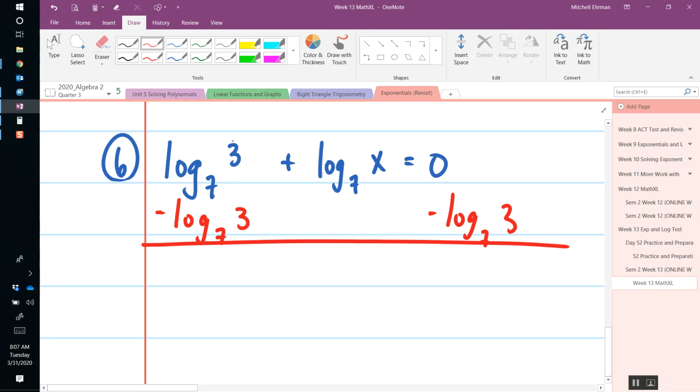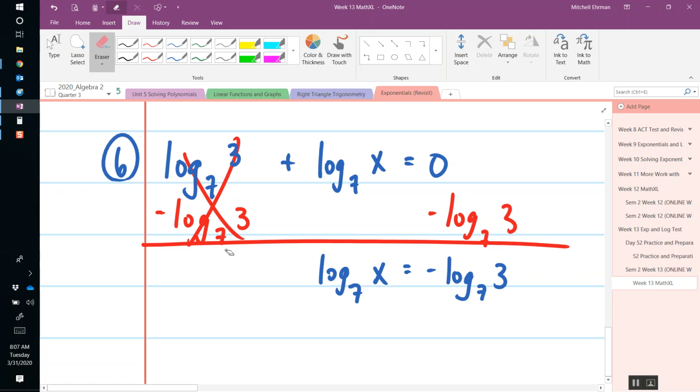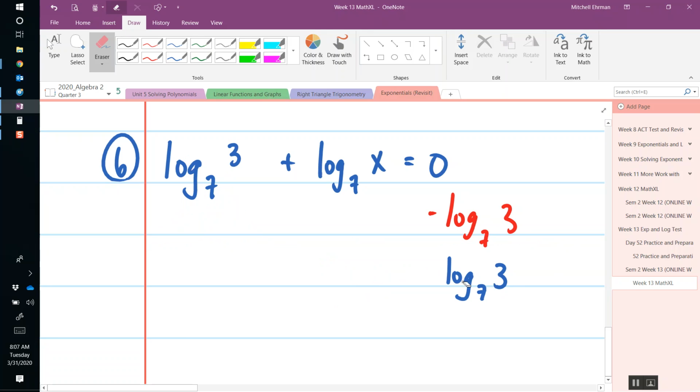But because log base 7 of 3 is just a number that's going to calculate to some number, we would essentially have a result here. Log base 7 of x is equal to the opposite of log base 7 of 3. And with a couple more tricks, we could find out what the solution is. But again, that's not the process that I'm suggesting here. But if you were thinking of that, it is a good thought.